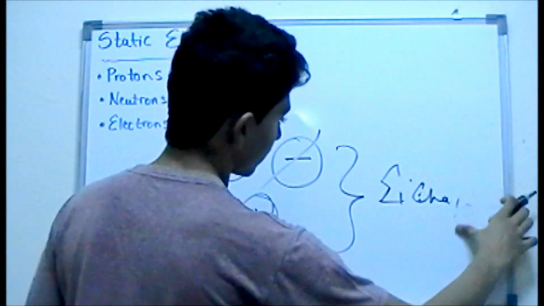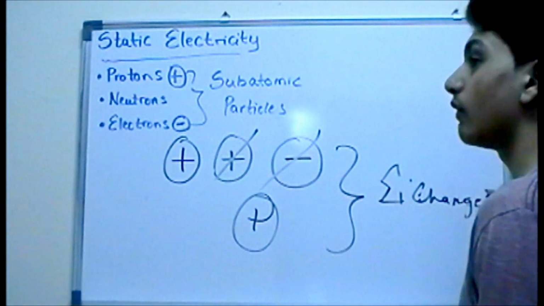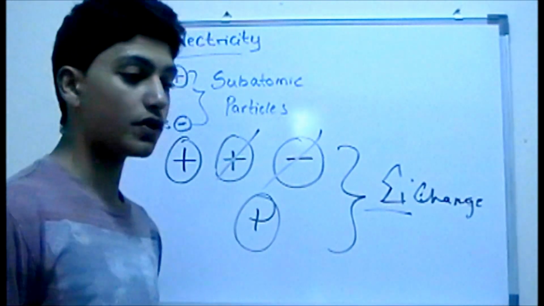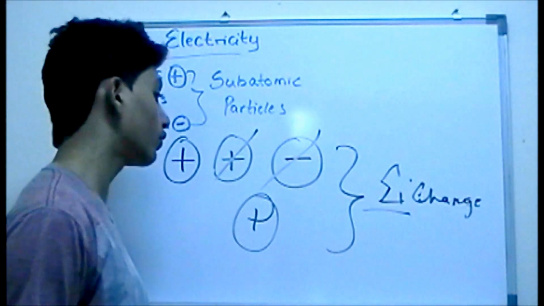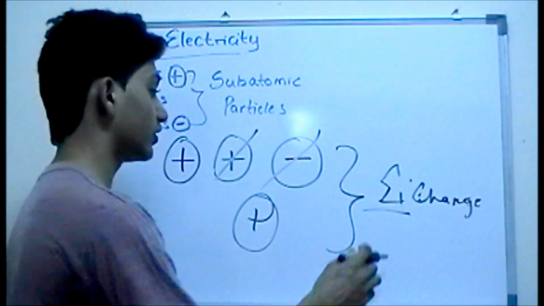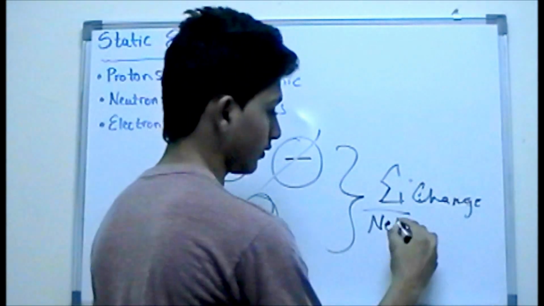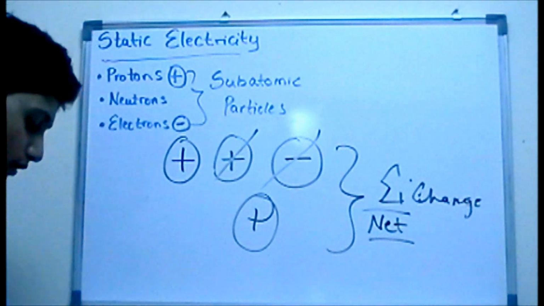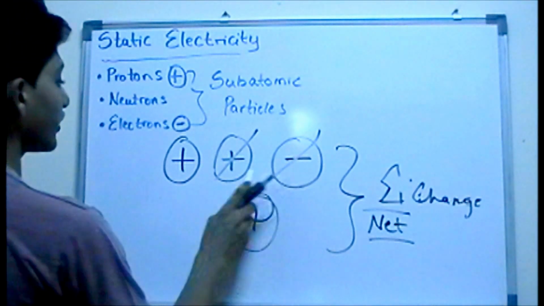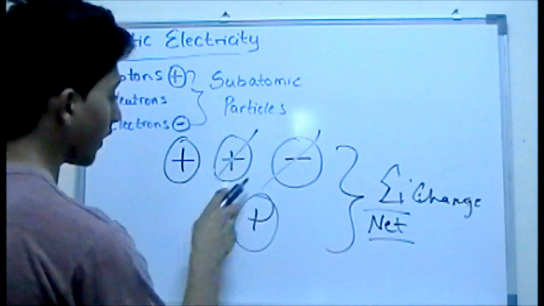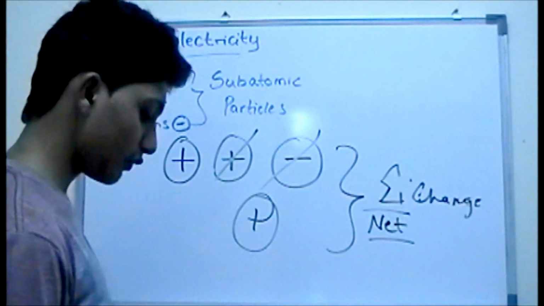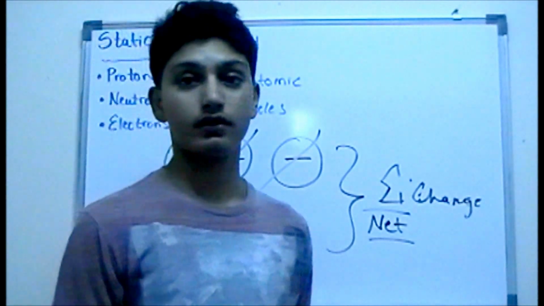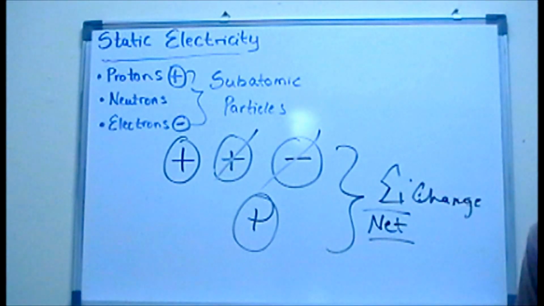We already learned in our fundamental physics that net means whatever you're doing, addition or subtraction, the final answer is called the net, and it's represented by the symbol sigma. So if you have more electrons, the net charge of the substance would be negative.